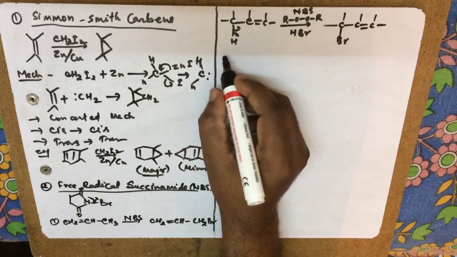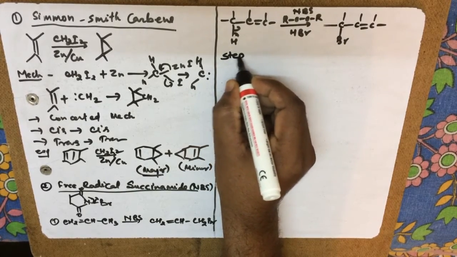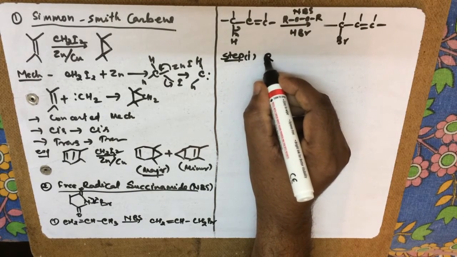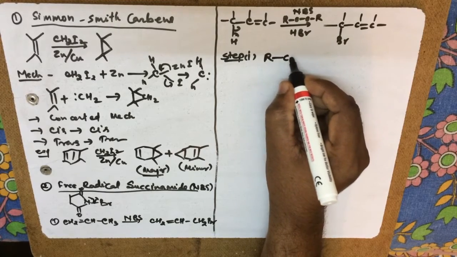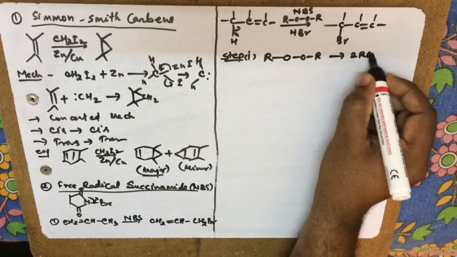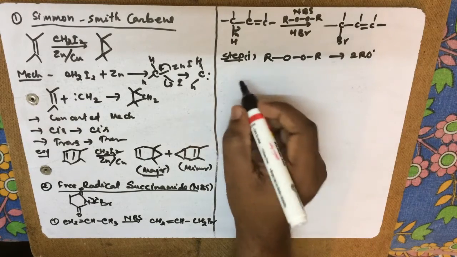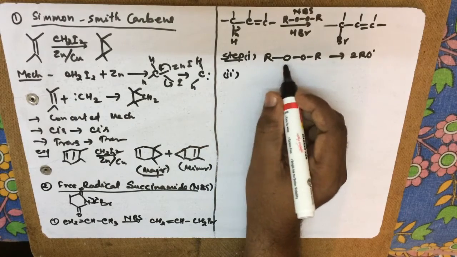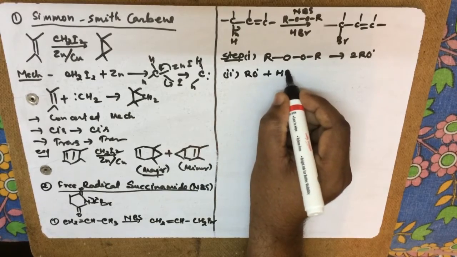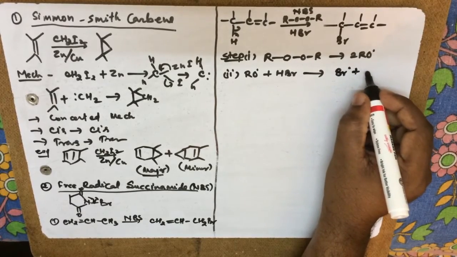So how do we reach this product? Step 1, first this will form radical. Okay, and second step, this RO radical reacts with HBr, then you will get the bromine radical plus ROH.